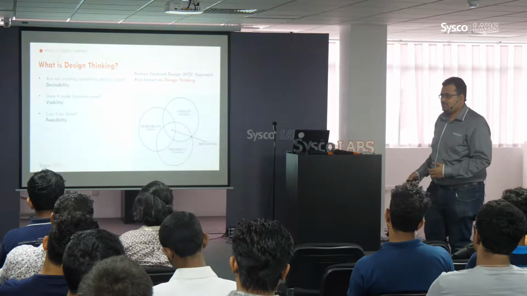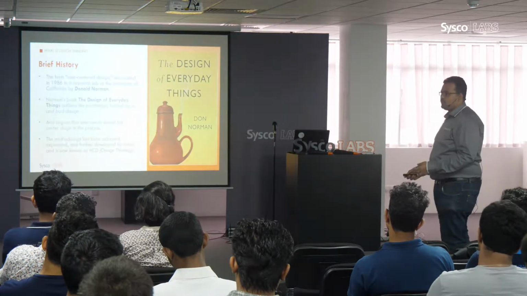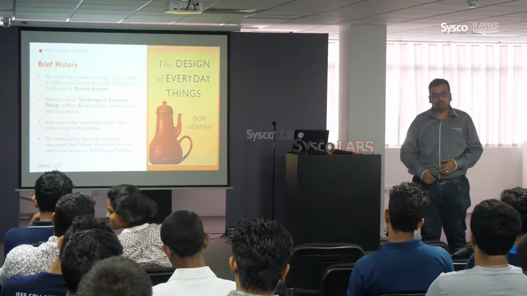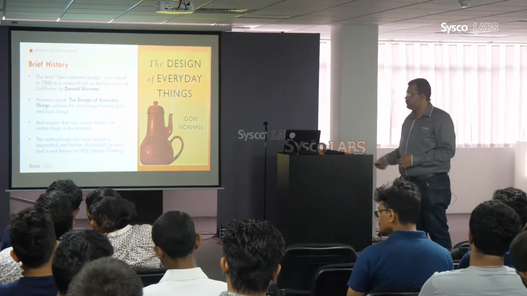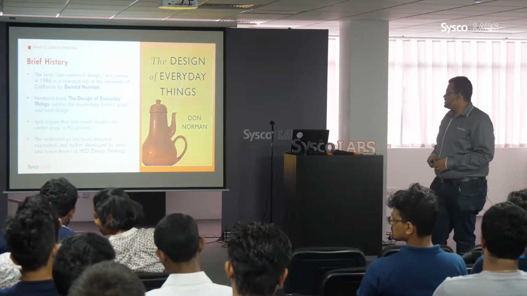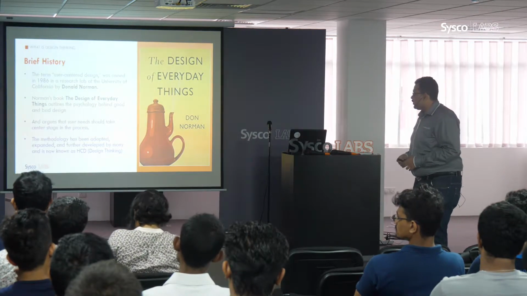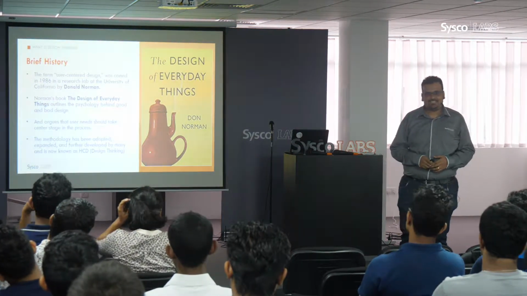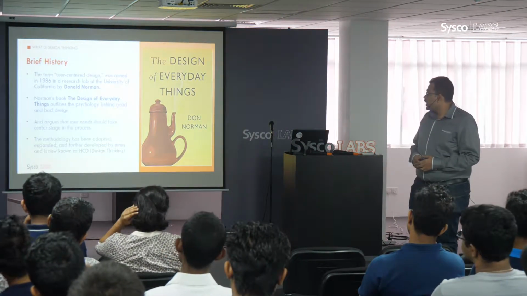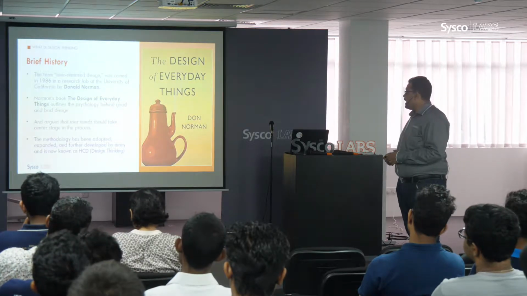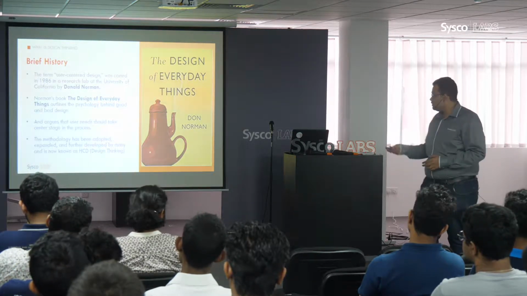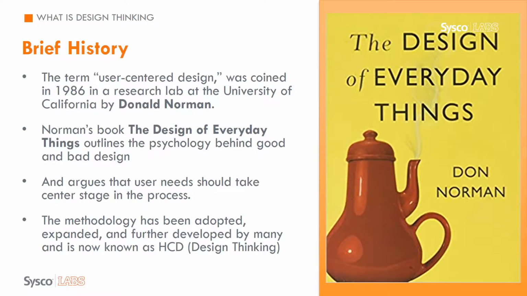Now we know what design thinking is, so let's go back and check what the history is all about. Based on the history books, the term user-centered design was coined back in 1986 by an individual called Donald Norman. This person has a great book, which you can see right here: The Design of Everyday Things. If you want to learn more, you should go and read this book.